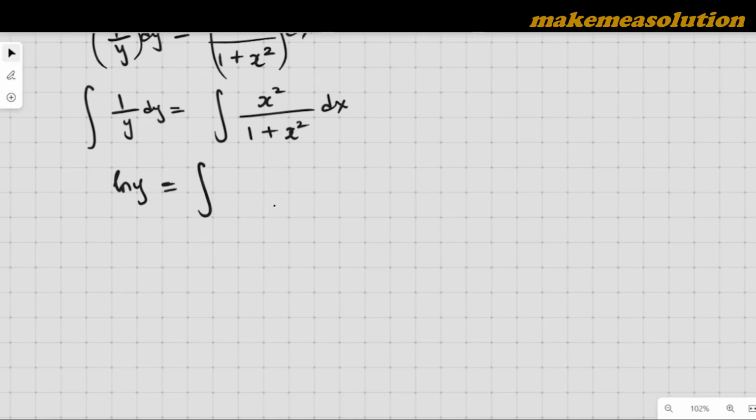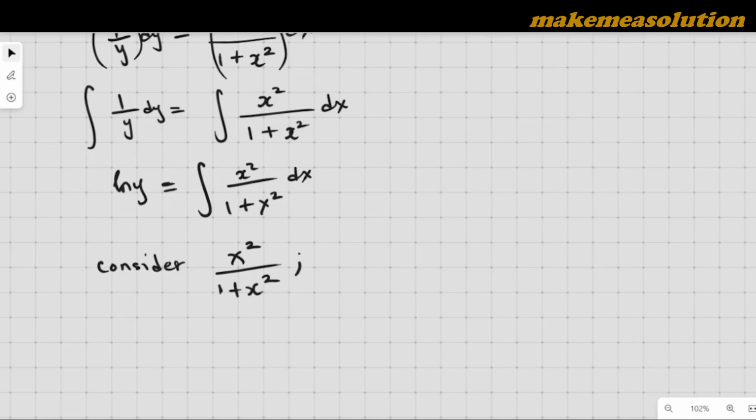Let me just write it, x squared over 1 plus x squared dx. You can now consider this polynomial fraction. This polynomial fraction can actually be reduced to a simpler form when we use long division.